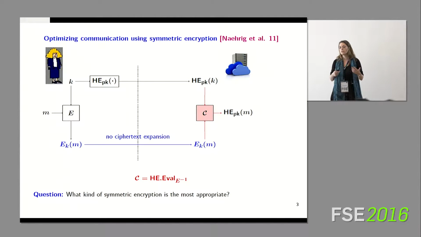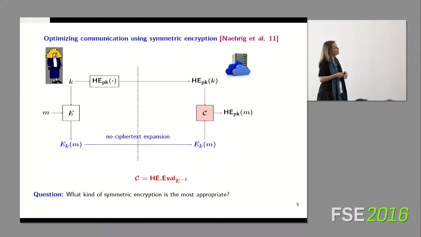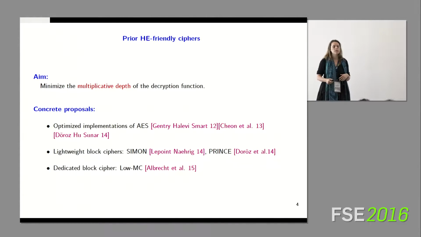Of course, the number of multiplications also affects this noise growth, but really the main parameter is the multiplicative depth of the operation. So our primary goal here will be to find a symmetric encryption scheme such that the corresponding decryption has a low multiplicative depth.